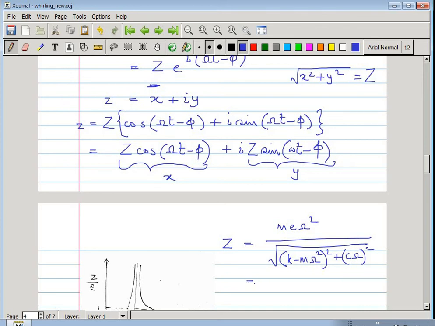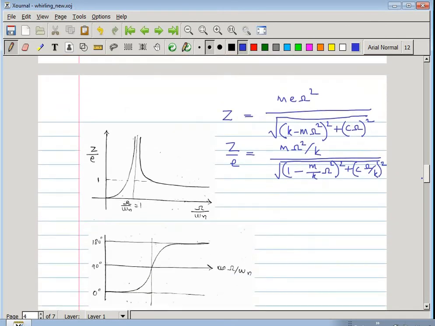Just like before, you make it Z by e and you divide by k. So this is m omega square by k, and inside you get 1 minus m by k capital omega square whole square plus c omega by k whole square.